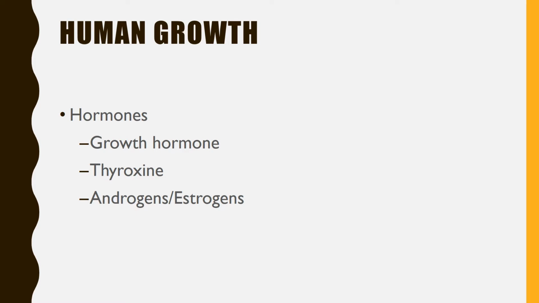Hormones can also affect growth. There are a lot of different kinds of hormones that affect growth, but one being the growth hormone. This is secreted by the pituitary gland and influences growth by affecting protein synthesis and the rate of cell multiplication.